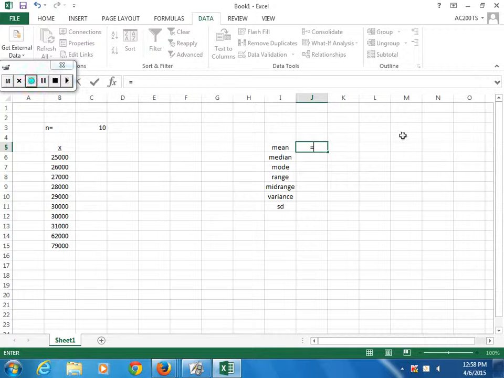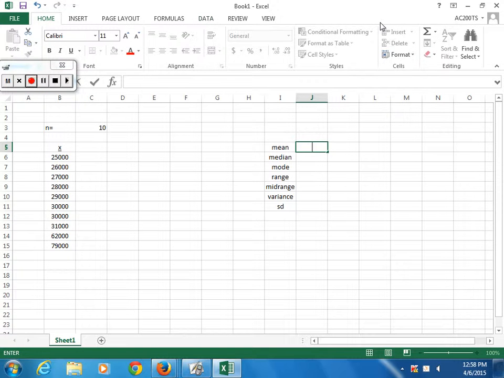Now the mean is going to be equal to the summation of x over n. So we'll go ahead and say summation of all these, and then divided by that number right there.